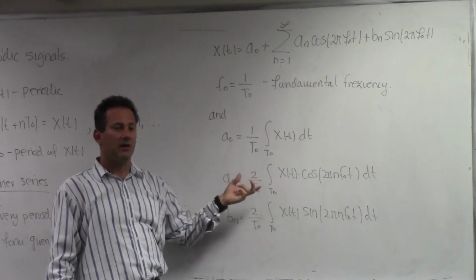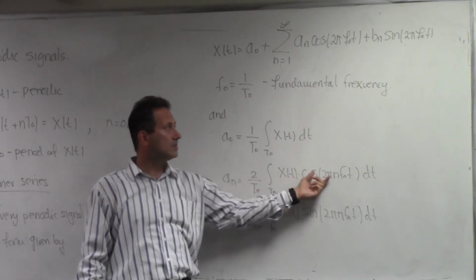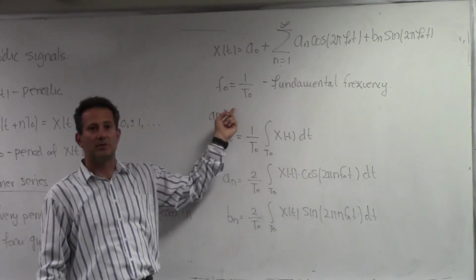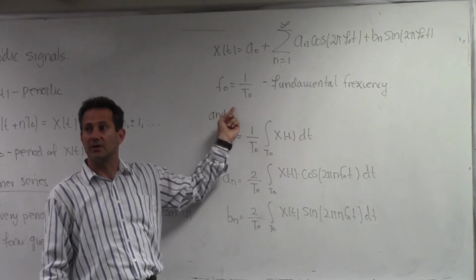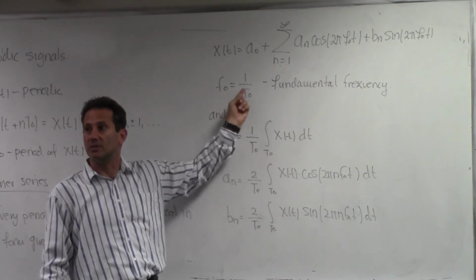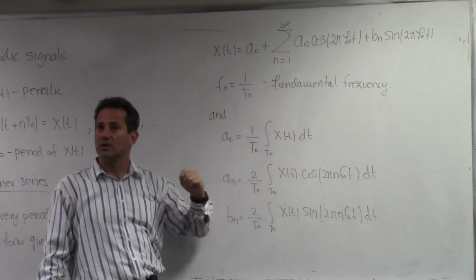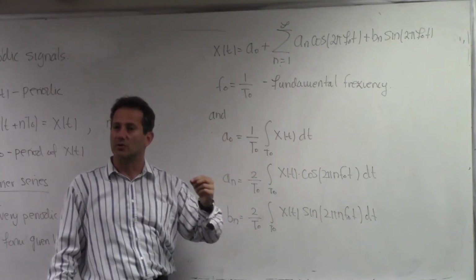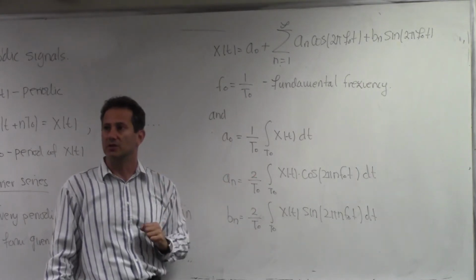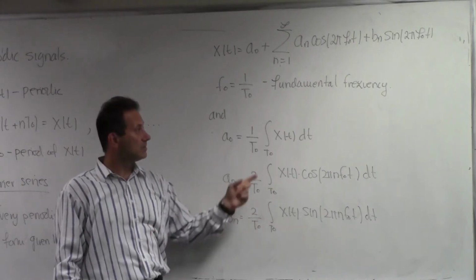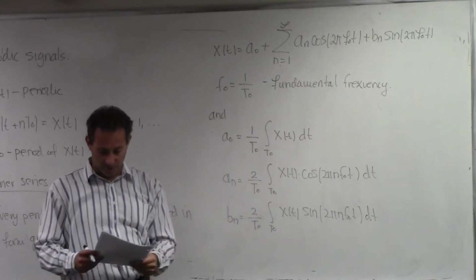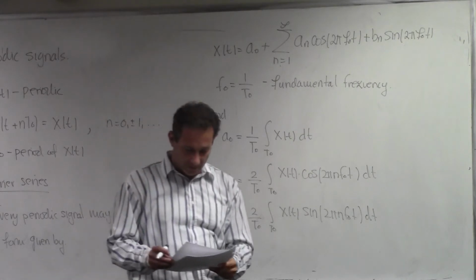They're not of any arbitrary frequencies. Their frequencies are integer multiples of what we refer to as the fundamental frequency, which is 1 over t0. So you don't need just any sinusoidals. You know exactly which sinusoidals you need: the ones that have frequencies which are integer multiples of the fundamental frequency.